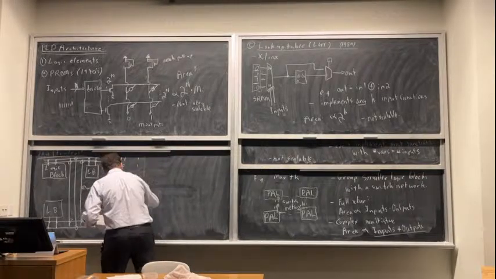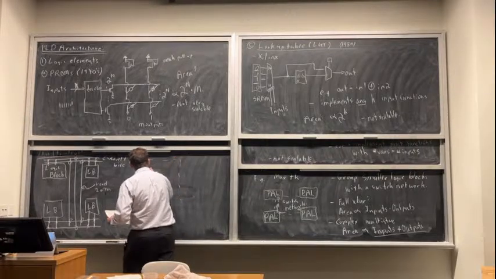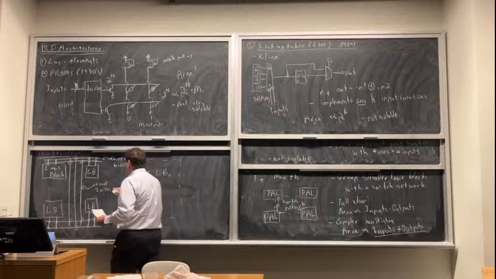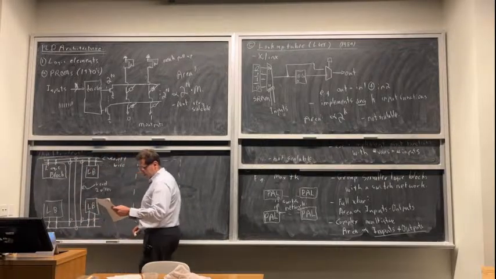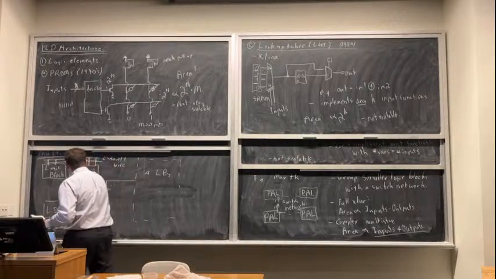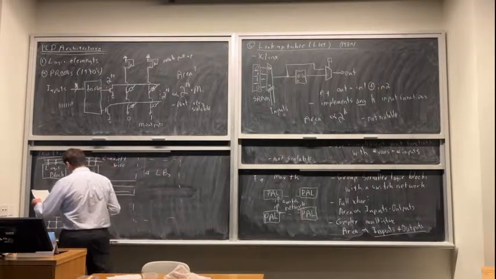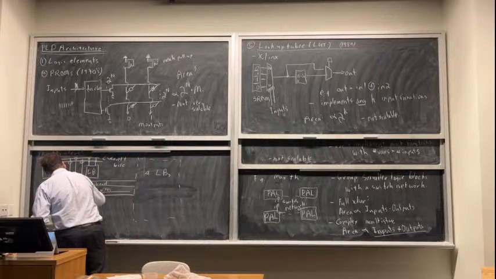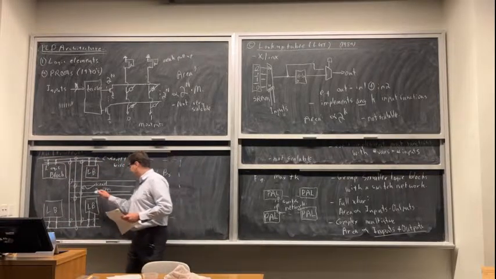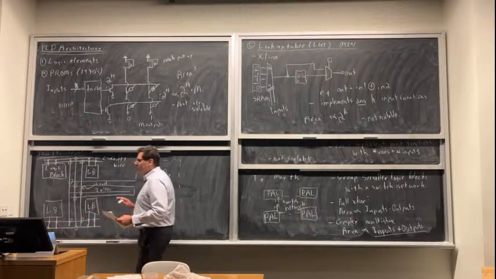I'm not going to draw that whole thing, but pretend I drew these 4 logic blocks again with all of this local routing amongst them. And then I'm going to basically connect them with some even higher level wires. So maybe I do that, that, and I'm making my switch pattern sparse. So I'm not connecting every level 2 wire to every level 1 wire and so on, because you usually don't need that.